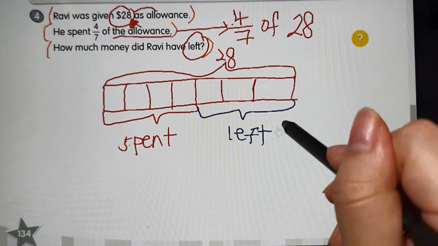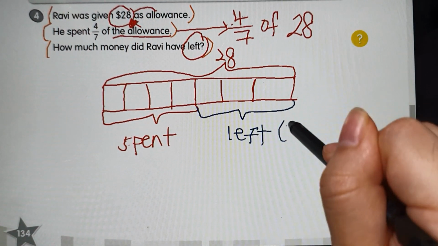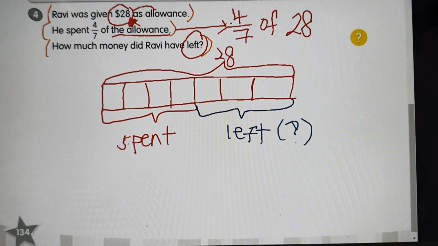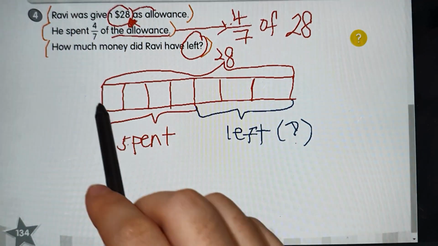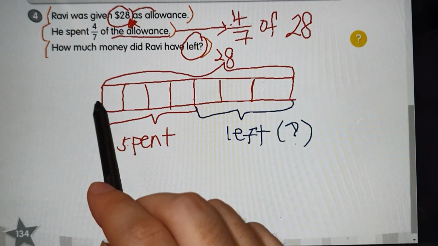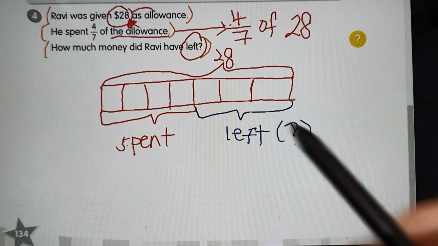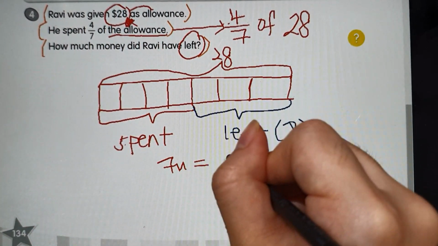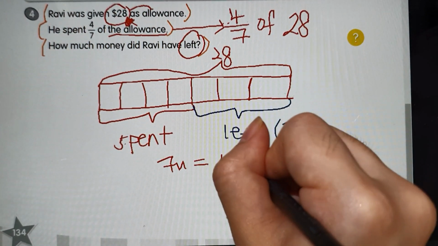So how do I find the leftover parts? Okay, I know that total is 28, which means 7 units here gives me 28. So I know that 7 units is equal to 28.